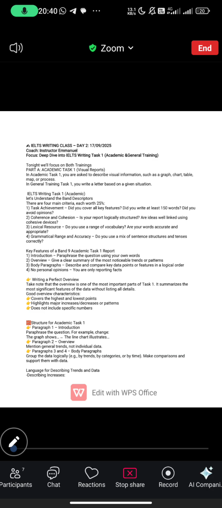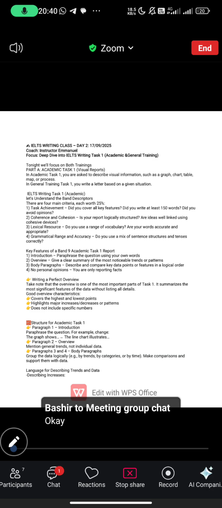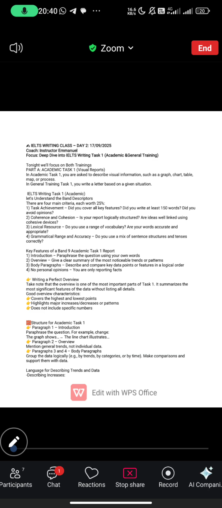So for number 2, coherence and cohesion: is your report logically structured? Are your ideas linked cohesively? That is, there is what's called transition. I said start your introduction with the line graph illustrates, the bar chart illustrates, the table illustrates.